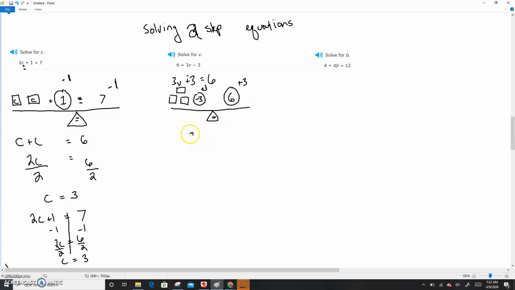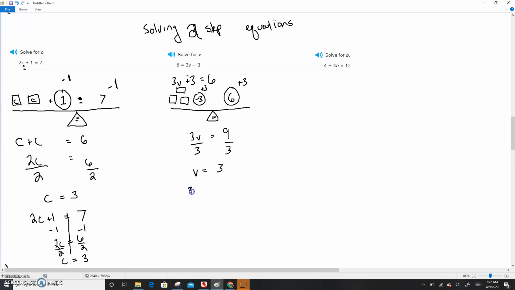So I wind up with 3v equals 6 plus 3 is 9. If 3 of these boxes equal 9, then one of the boxes equals 3. And I know that because I can divide both sides. V equals 3.